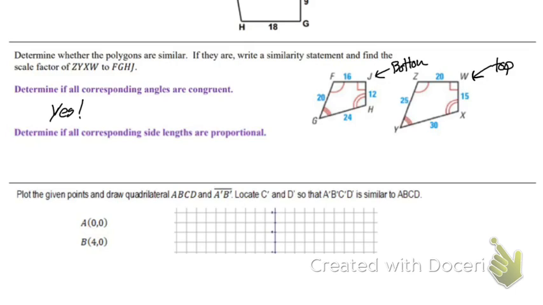So that's going to be 20 over 16. We're hoping that's equal to all of the ones. So now we're looking at this 15 and this 12. So we're hoping that equals 15 over 12. We're hoping that equals this 30 over 24.